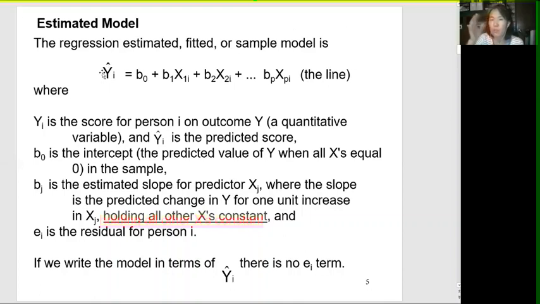There are multiple residuals. But since we do not put residual error here, you have to have the hat. This interpretation is the same as before, and you just include this one. If we write the model in terms of y hat, there is no error term. Okay.